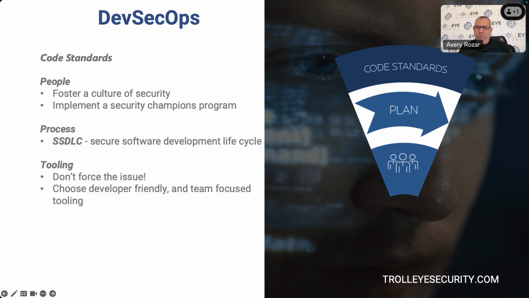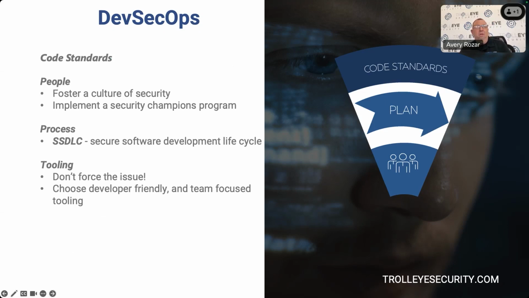So the next portion of the planning phase is code standards, right? And that includes people, processes, and tooling. Fostering a culture of security among all stakeholders, from developers to IT operations and to project managers, is essential. You also have to have a security champions program for your development team.